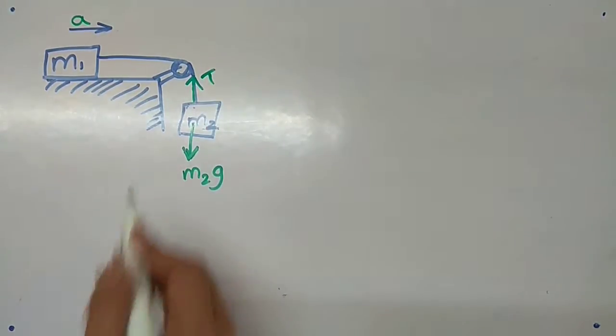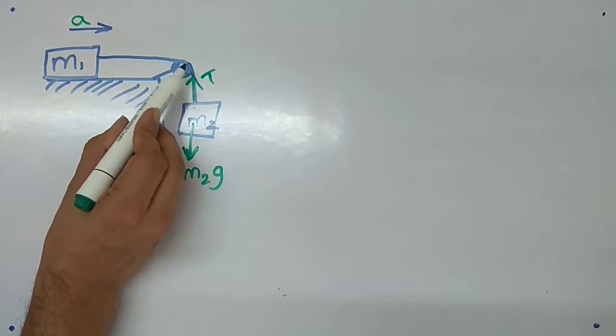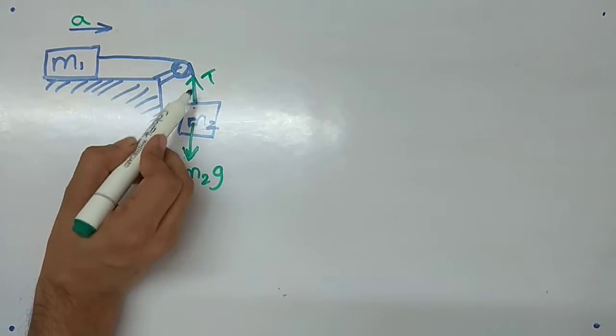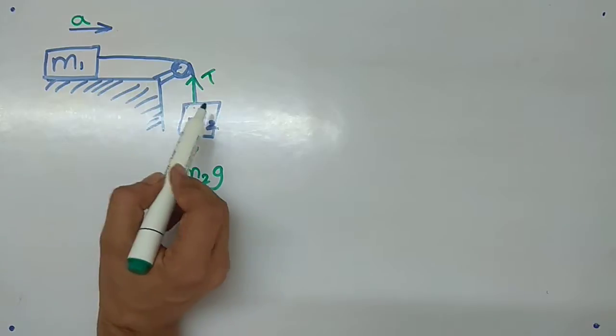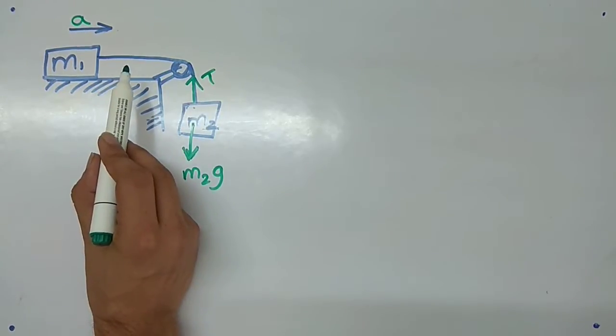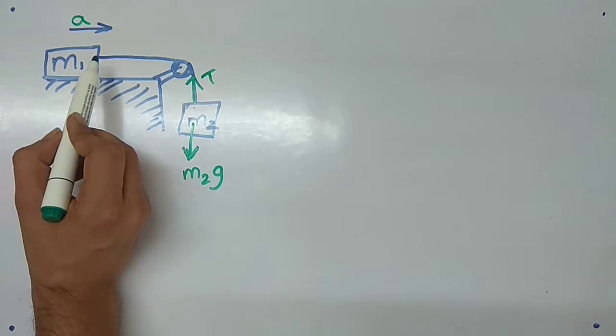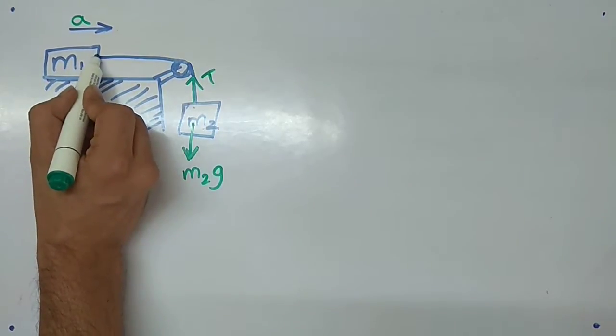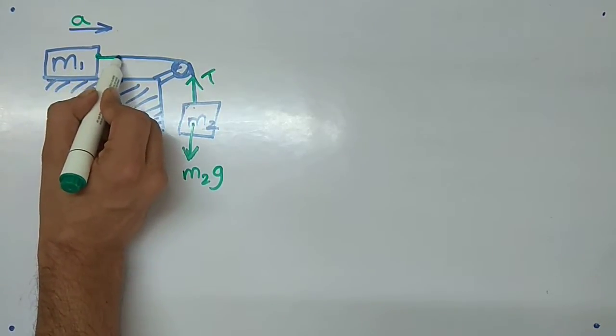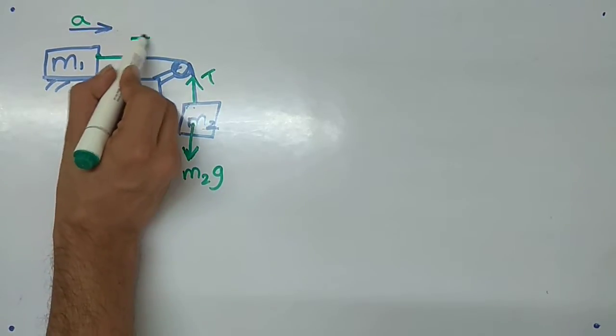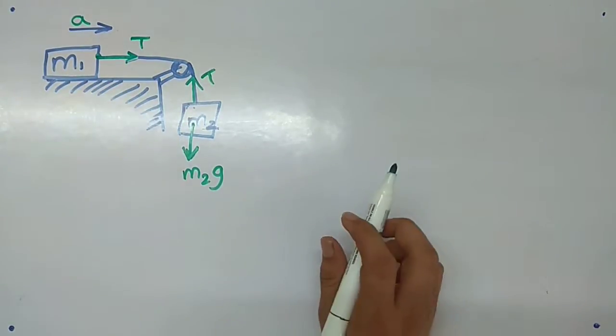Now, since there is only one string, we have already told in the previous section: one string, one tension. But the direction of tension is directed away from the object. So again, the direction of tension from this object should always be away from the object.